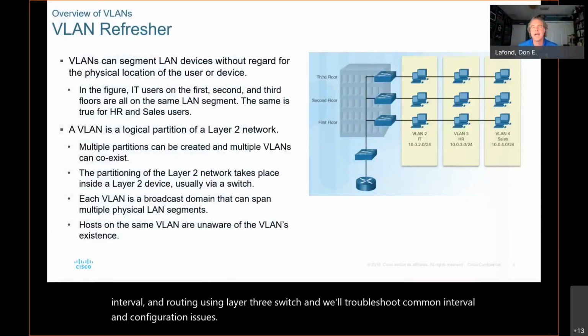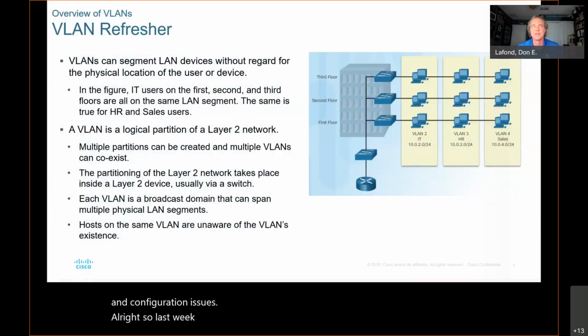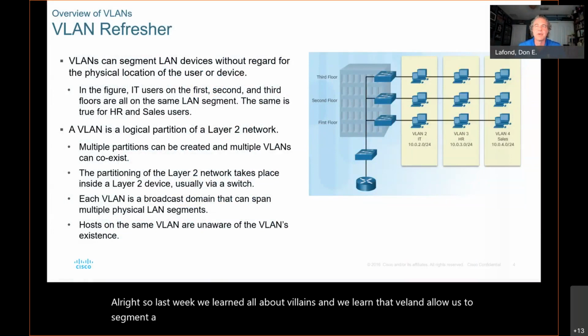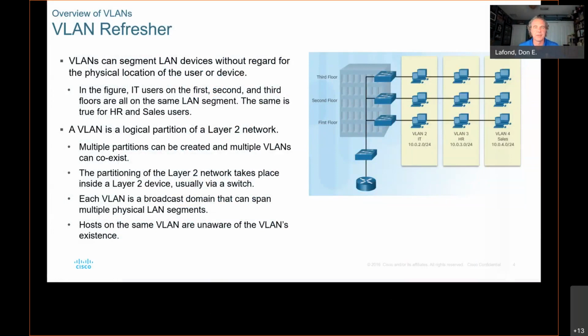All right, so last week we learned all about VLANs, and we learned that VLANs allow us to segment a network logically. So, for example, in this layout, let me zoom in a little bit so you can see it better.